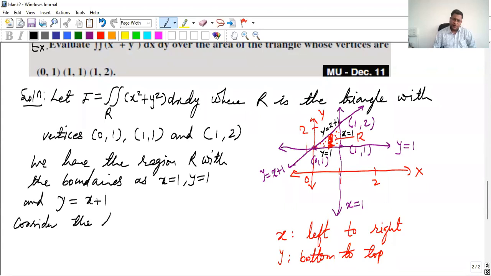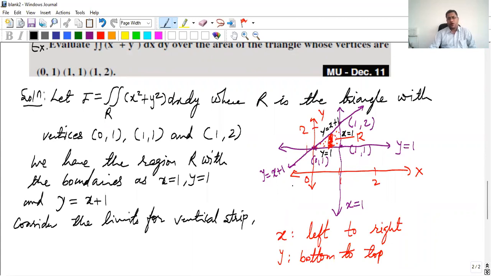So we consider the limits for the vertical strip. Here we are considering this vertical strip.